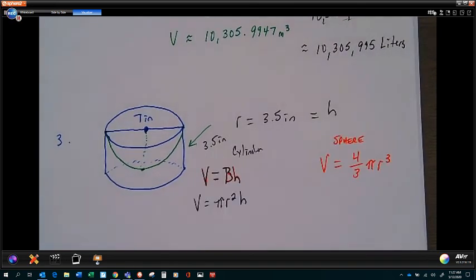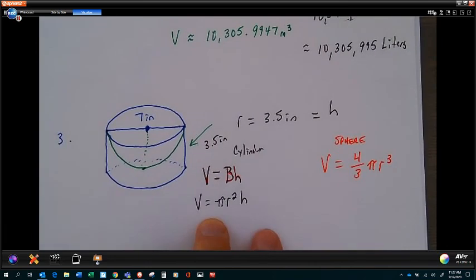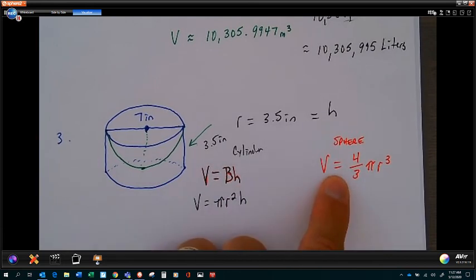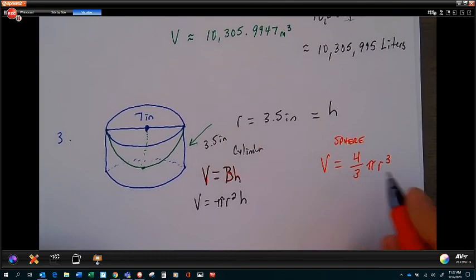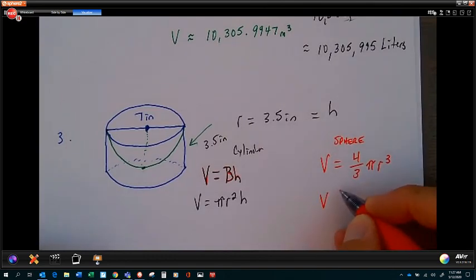Before you get in, if you haven't already done it, just remember the cylinder is going to be pi r squared h, which is the big base, a circle, pi r squared, times the height. And for a sphere, if you take half of 4/3, you get what we call a hemisphere, which is going to be equal to 2/3 pi r cubed.